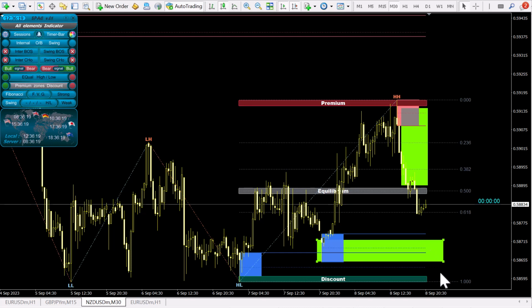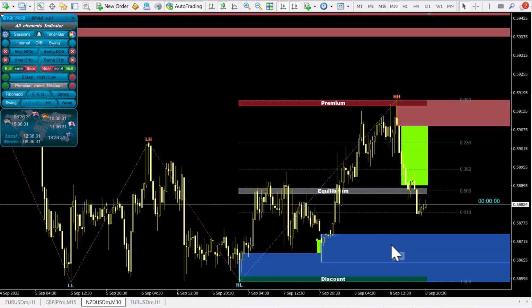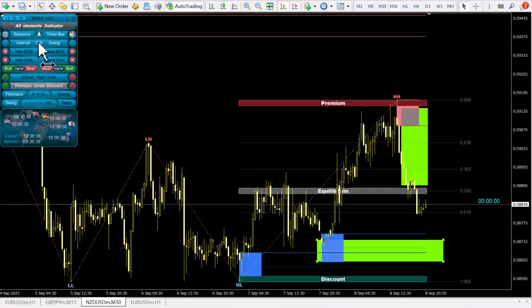The price might want to retest this level and go up, but as far as I'm concerned, I am interested in this order block a lot more than this one here. So I'm looking for the price to come back to that order block, and then probably to the upside, and that will be a very perfect place to take a buy.